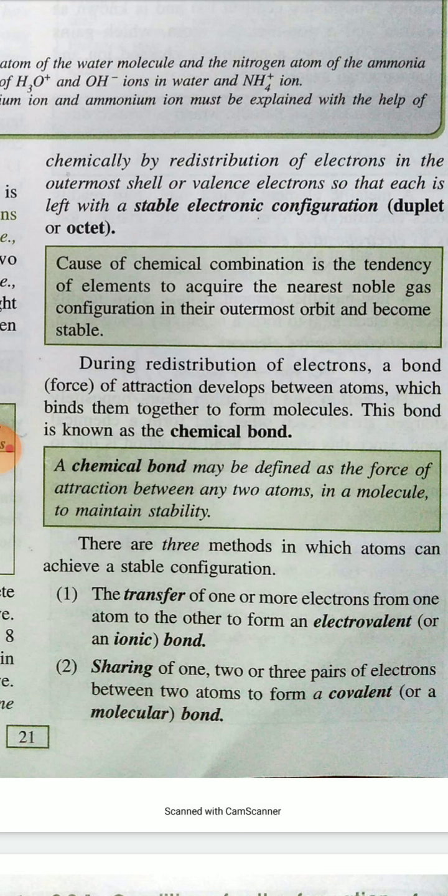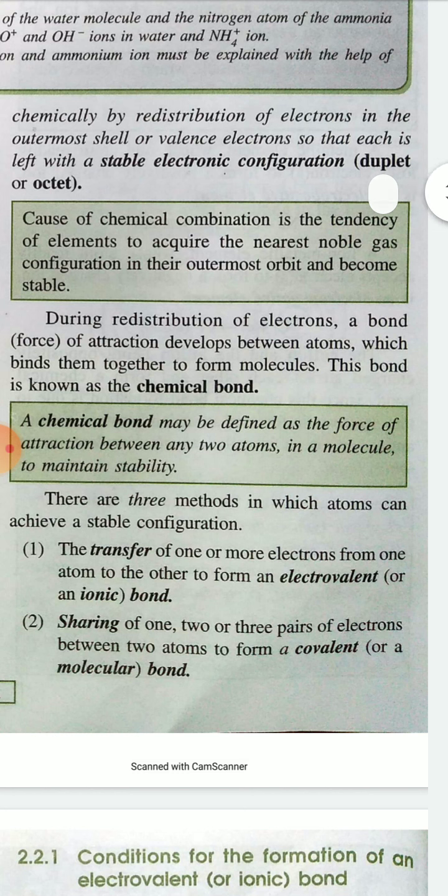During redistribution of electrons, a bond, that is a force of attraction, develops between the atoms which binds them together to form a molecule. This bond is known as a chemical bond. So what is a chemical bond? A chemical bond is the force of attraction between any two atoms in a molecule to maintain stability.